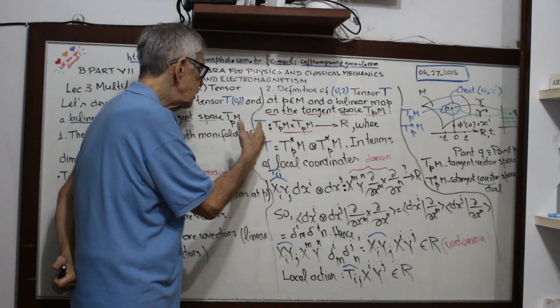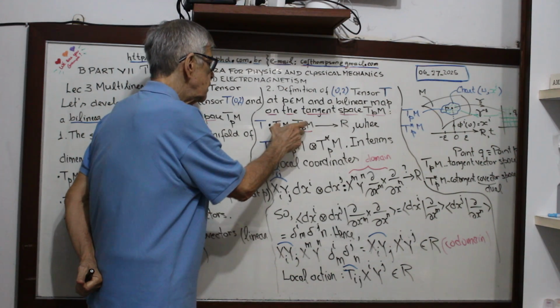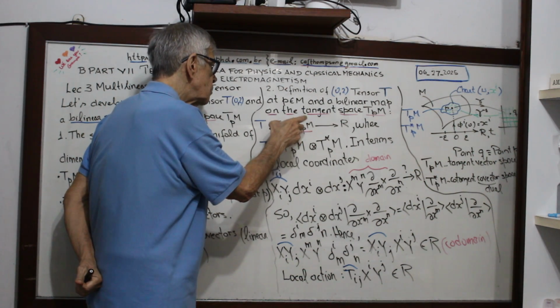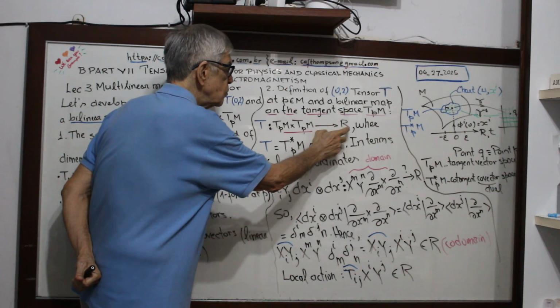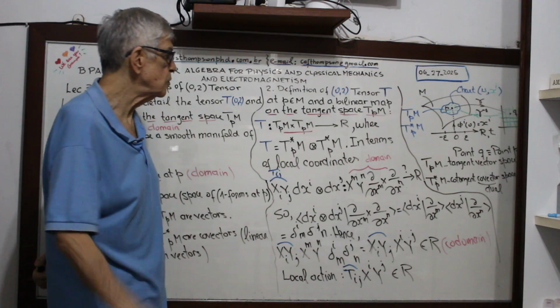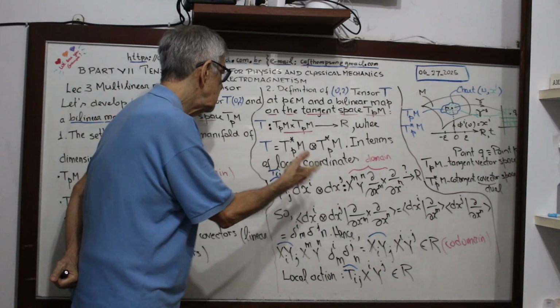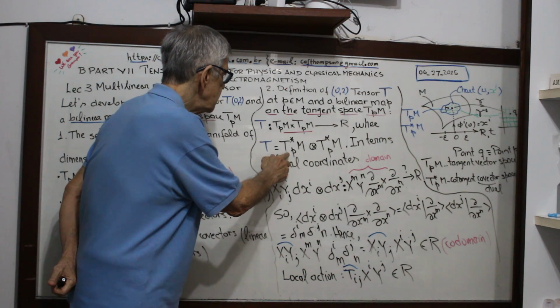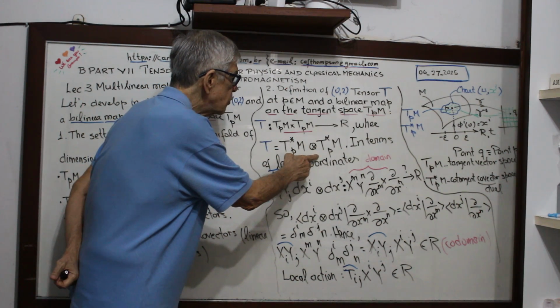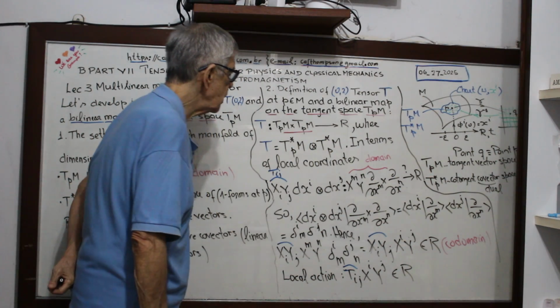So the bilinear map T, the blue one, acts on the domain. This leads to a real number, by definition of a tensor. Now, T, I can write, is TPM tensor product TPM star.